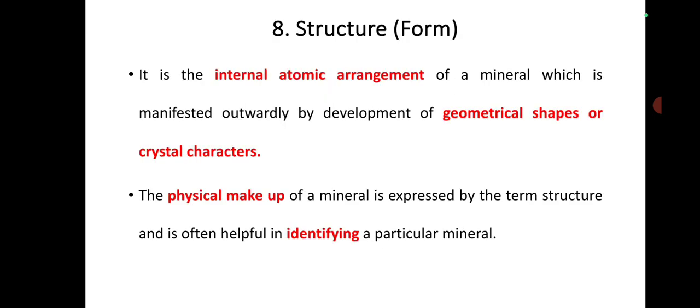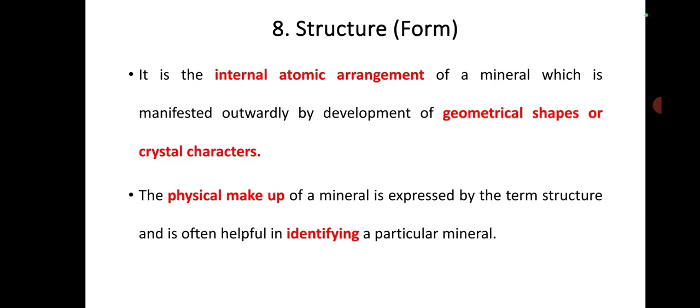The next physical property is structure or form. It is the internal atomic arrangement of a mineral which is manifested outwardly by the development of geometrical shapes or crystal characters. The physical makeup of a mineral is expressed by the term structure and is often helpful in identifying a particular mineral.